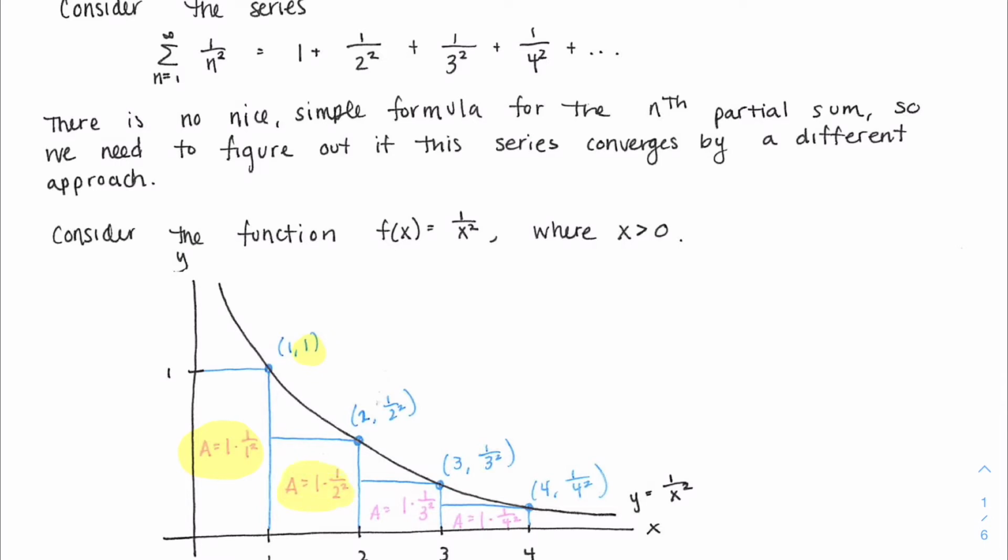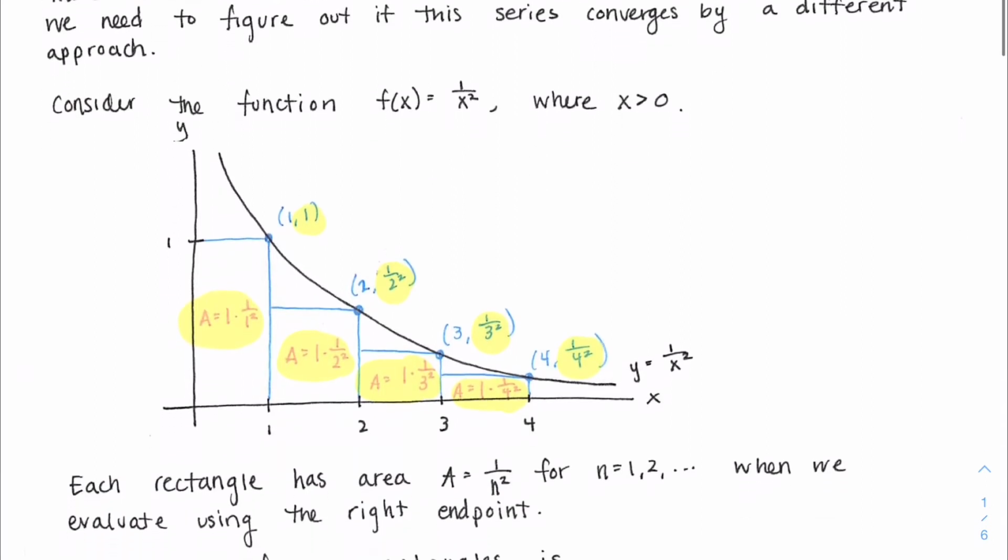Again, the area of this rectangle would be 1 times the function at this point. Here, 1 times the function at this point. And here, 1 times the function at this specific point too. So each rectangle is going to have a width of 1, and the height would be 1 over n squared, where the n's going from 1, 2, 3, and so on, when we use that right endpoint.